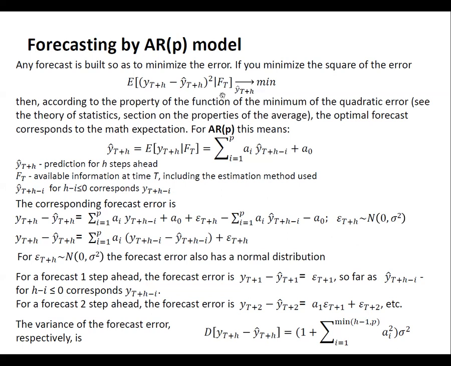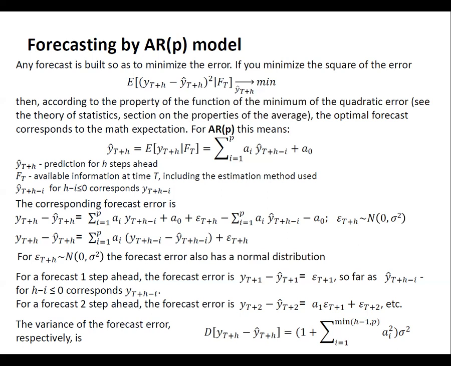If we minimize the expectation of this error, then by the property of the minimum of the squared error, the estimate corresponds to the average forecast, or the mathematical expectation of the forecast. For the autoregressive model, this means that our optimal forecast, which gives the minimum squared error, is the expectation of the future value y, h steps ahead, given the available information F_t.